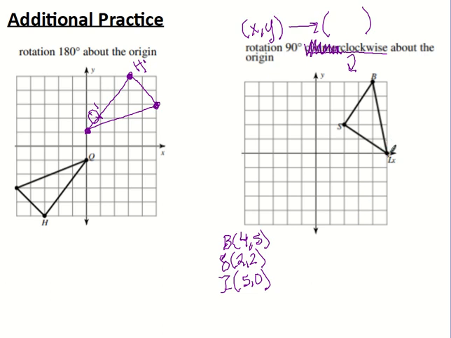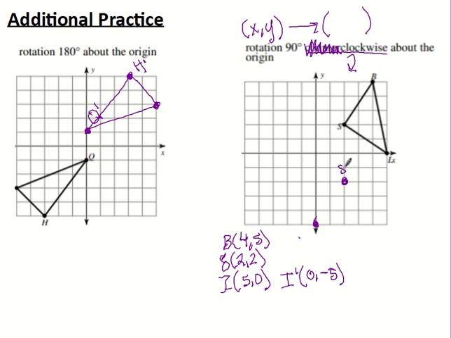So again, 90 degrees, I is going to end up right here, 1, 2, 3, 4, 5, at 0, -5. S is going to end up here.